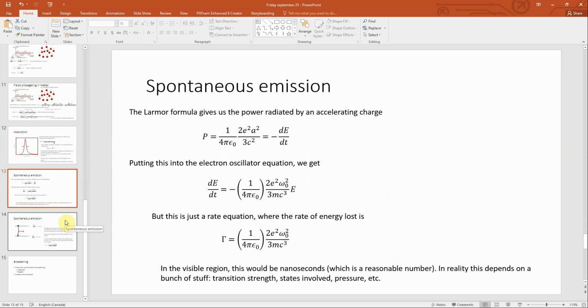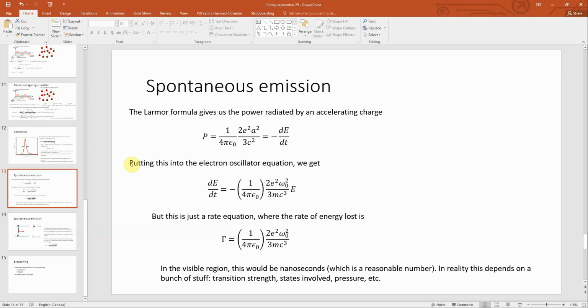An accelerating charge is what gives off radiation, but of course radiation carries energy, and so the Larmor formula tells us the rate of this energy loss, or power. This power is given as 1 over 4 pi epsilon naught, 2/3 the electric charge squared times the acceleration of this charge squared, divided by the speed of light squared. And this is equal to the rate of change of the energy.